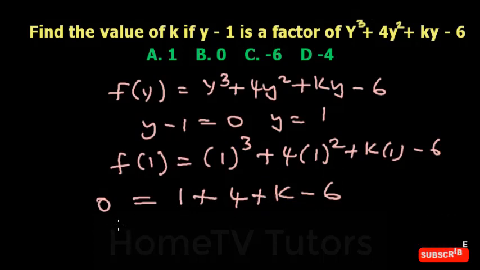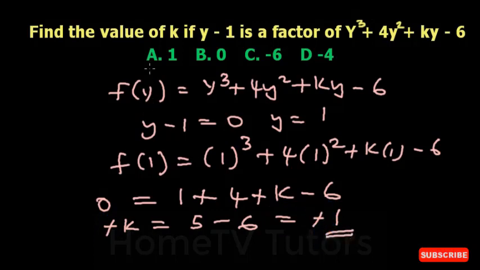So if the k comes to the left hand side, the plus sign changes to minus. So we have 1 plus 4 gives us 5 minus 6, which will give us minus 1. The minus cancels the minus, so we have k equals 1, which makes the A answer option the right answer.